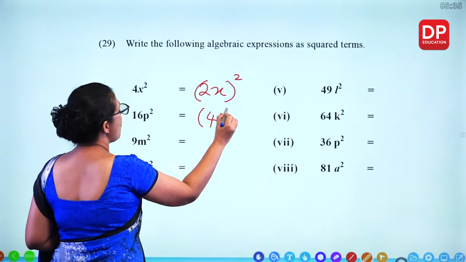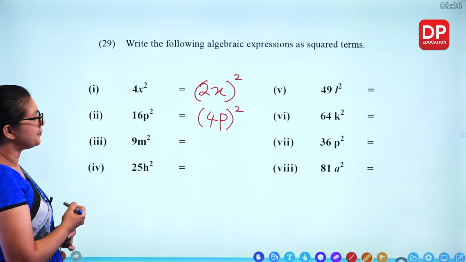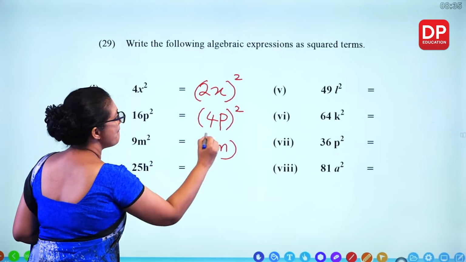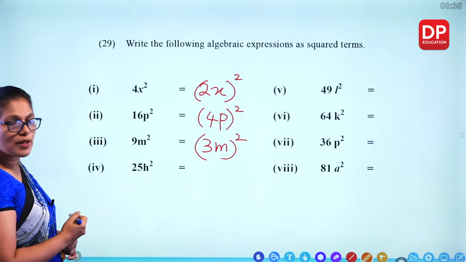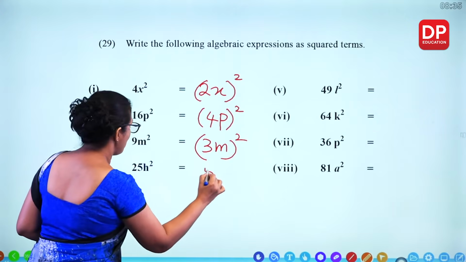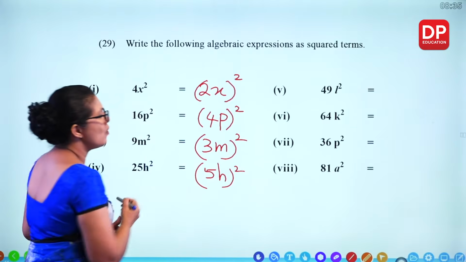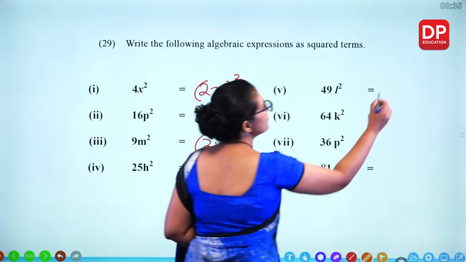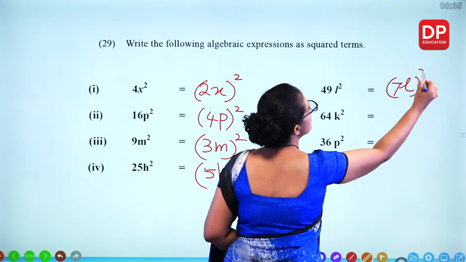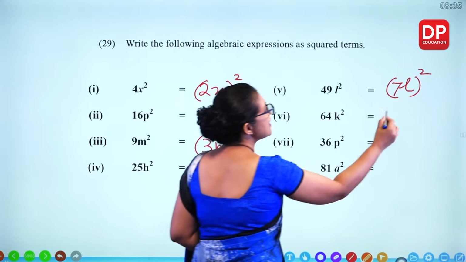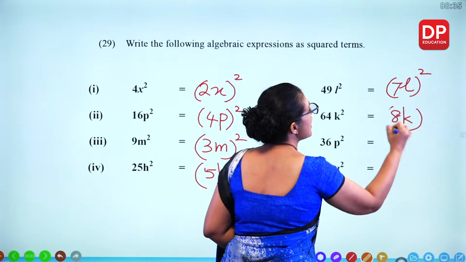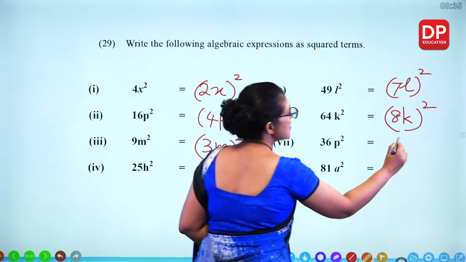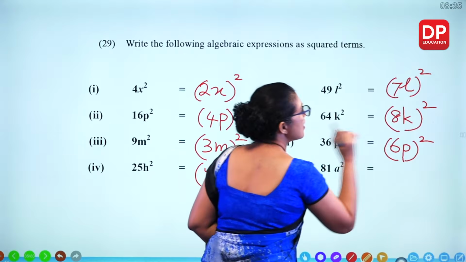So I can write 4p whole thing squared. 9m squared, 3m whole thing squared. 25 is 5 times 5. 5h whole thing squared. 49, 7 times 7. 7l whole thing squared. 64 means 8 times 8. 8k whole thing squared. 36, 6 times 6. 6p whole thing squared.